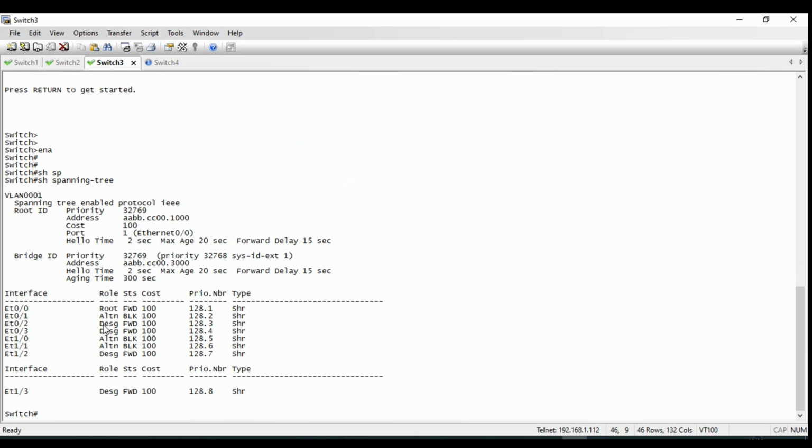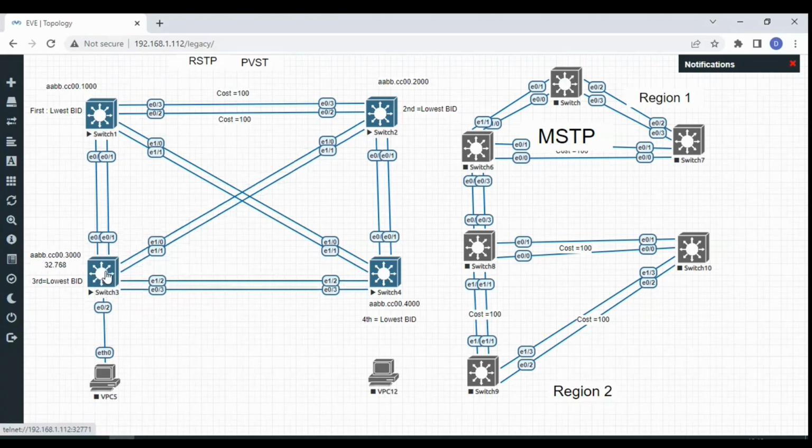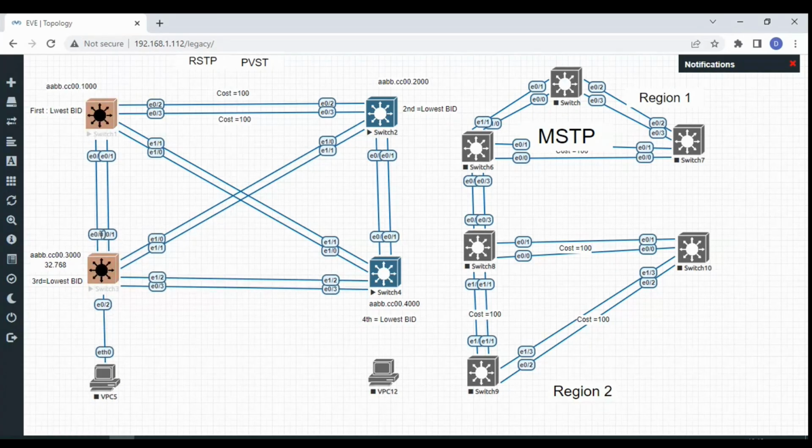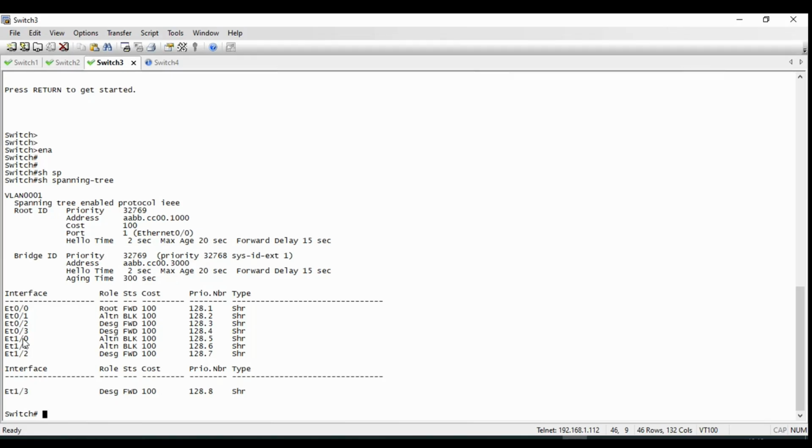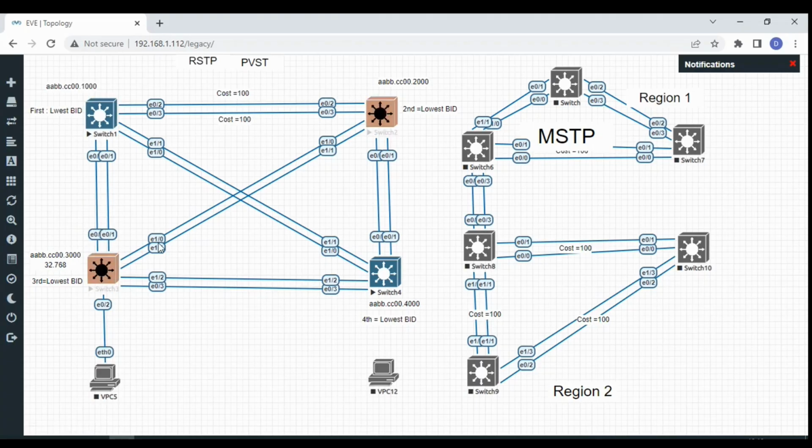We are in switch 3. Let's understand switch 3. This port became a designated port, E0/2.